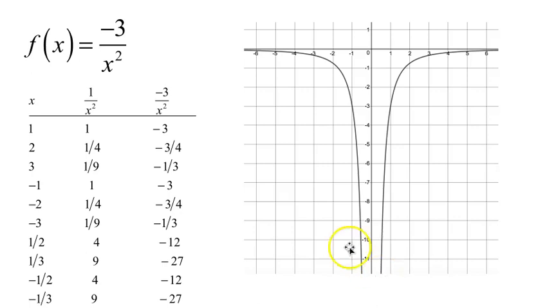So flipped, multiplying it by negative 1, we're flipping it over the x-axis, changing the shape a little bit by multiplying it. But I also want you to recognize this is an order 2 asymptote, so both sides are going in the same direction. From the left going to negative infinity, from the right going to negative infinity. And this indicates an order 2 asymptote.